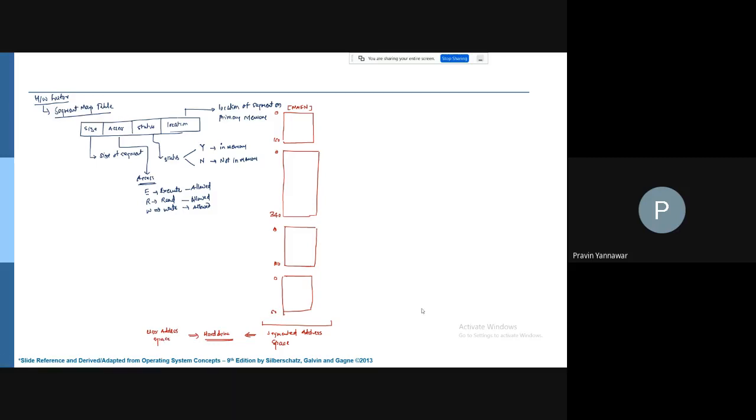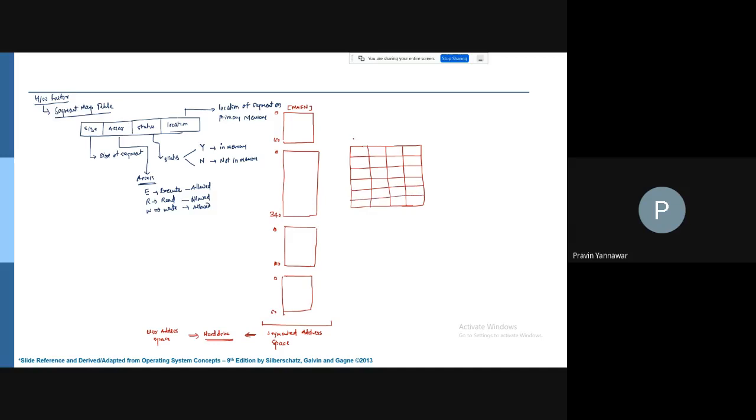You can say this is a user address space. Once we have this, then we can go with a segment map table. The segment map table is going to be a four-attribute, four-column structure, and that structure is like this.